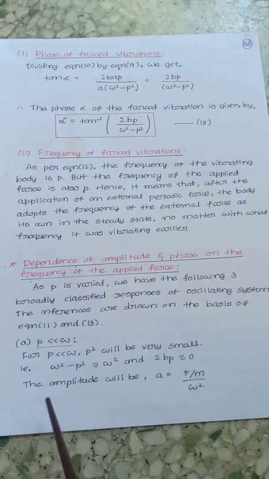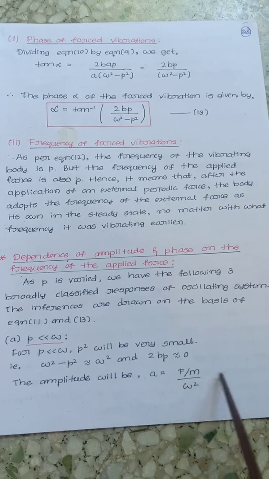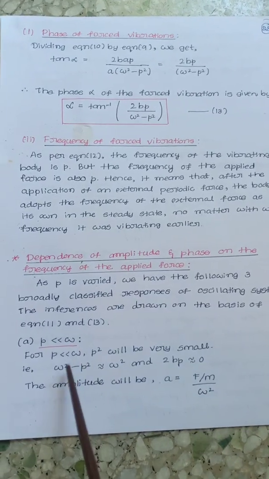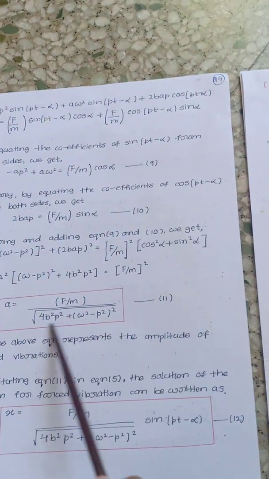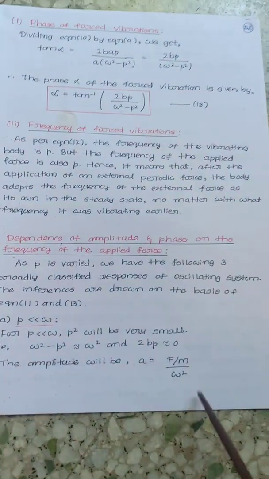So here, A will be equal to F by M divided by omega square minus P square, where I took omega square. This part will become 0.